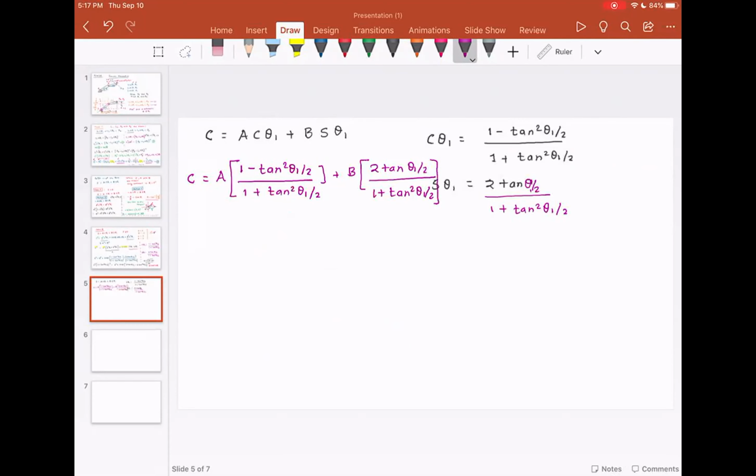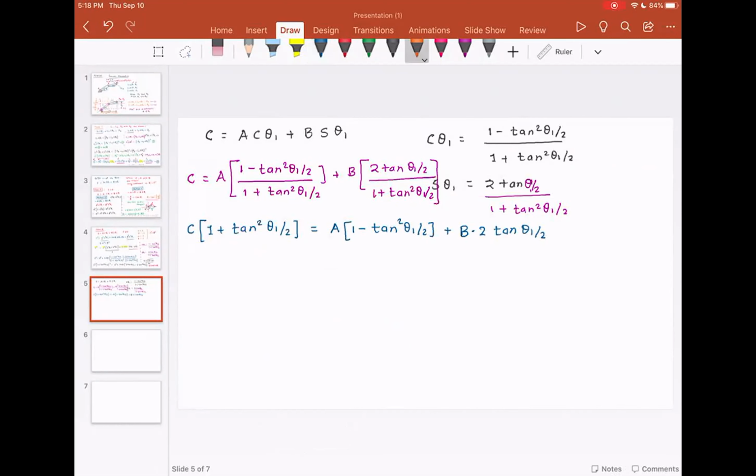I'm going to multiply left side and right side by 1 plus tan square theta 1 by 2. So my equation now becomes c times 1 plus tan square theta 1 by 2 is equal to A in the parentheses 1 minus tan square theta 1 by 2 plus B times 2 tan theta 1 by 2.